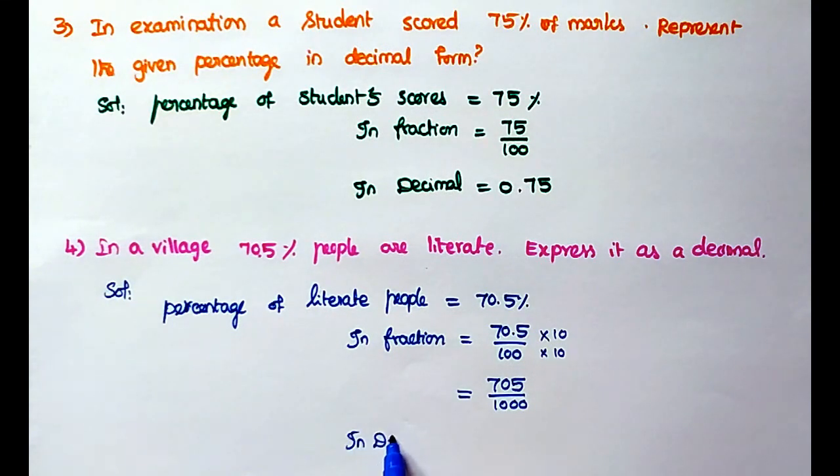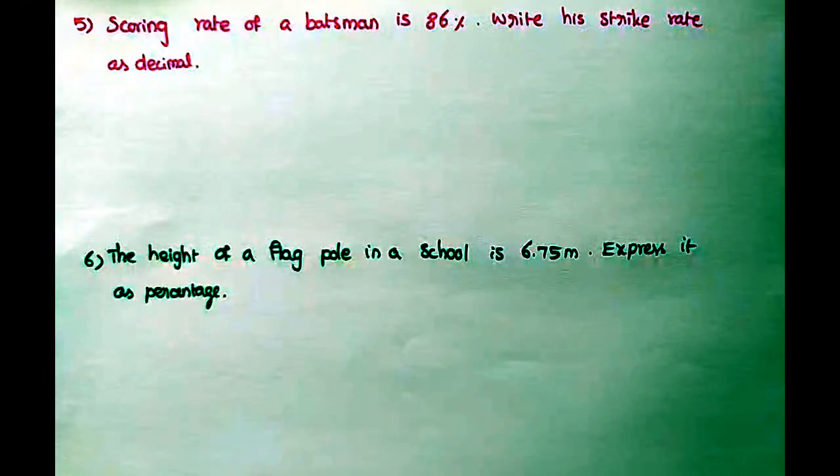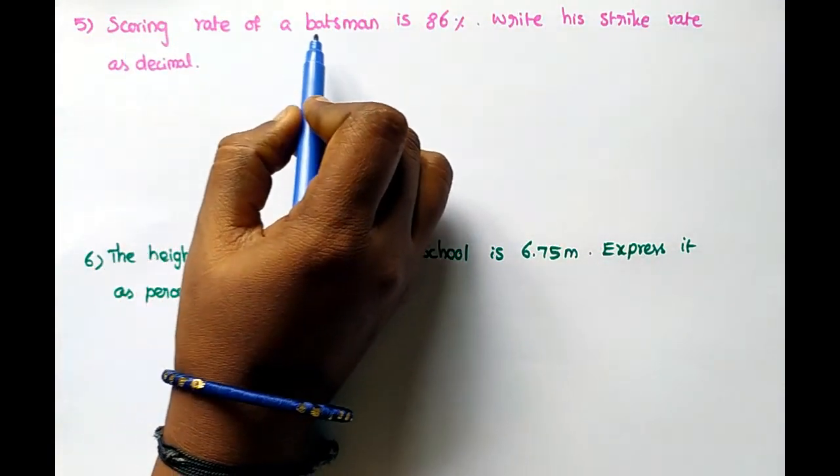Now in decimal, write the numerator, denominator 3 zeros. So before 3 digits we have to keep the point. 0.705 is the decimal form. That is the answer.